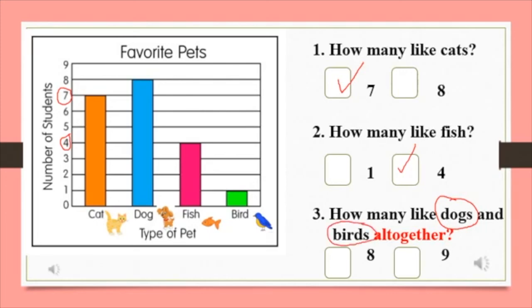Let's see. Find the dogs. Go all the way up. Now move across the line. Good job. 8 students like dogs. Let's find the birds.